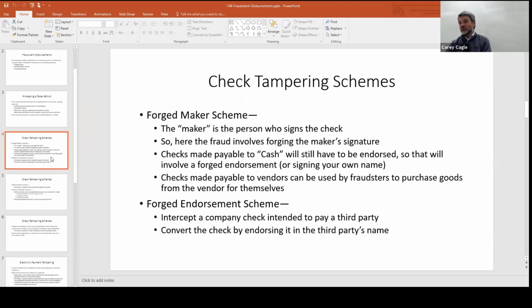And then they endorse it, but they're not forging the endorsement. They endorse it, it's written to them, right? They forged my name. Forged endorsement would be getting a check that was written to somebody else, writing their name on the endorsement line and cashing it as if they are them, right? So that's the difference.